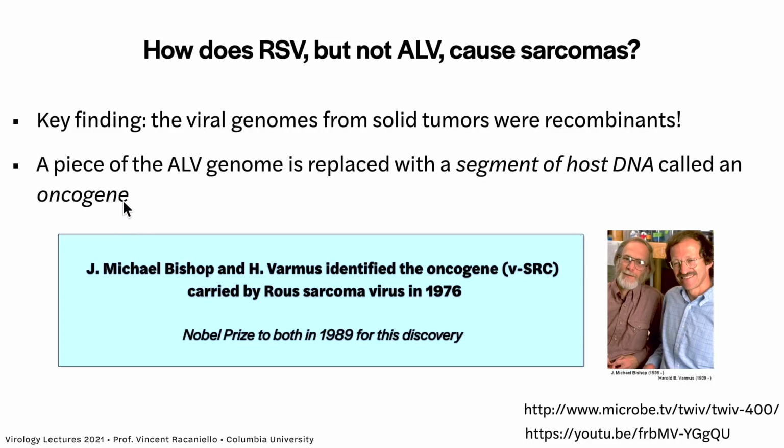So Rous sarcoma virus is actually ALV with a piece of its genome replaced with a piece of host DNA. Bishop and Varmus identified the piece of DNA in Rous sarcoma virus. The oncogene, as we call it, they called v-src, or src for sarcoma. And they got the Nobel Prize for that work. So this is an important concept.